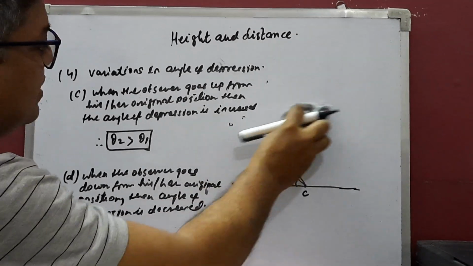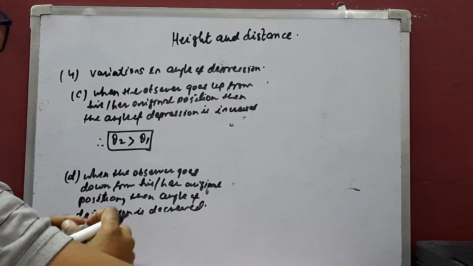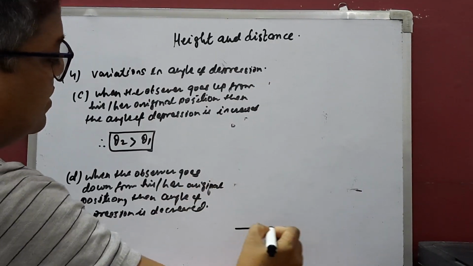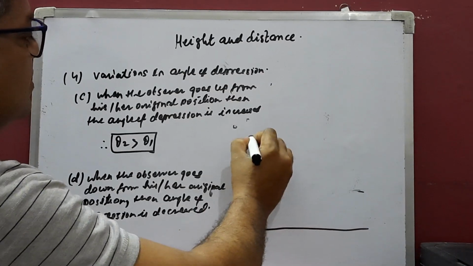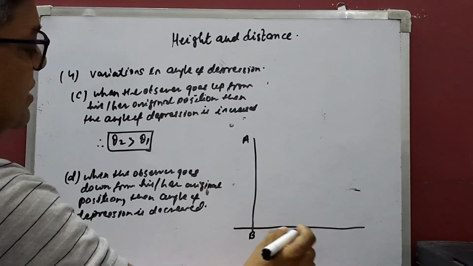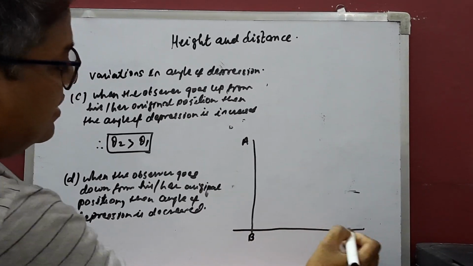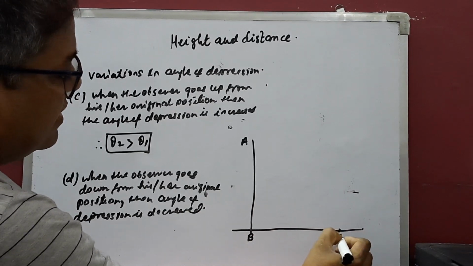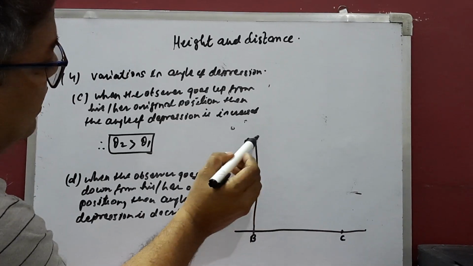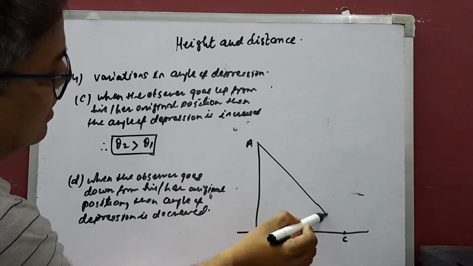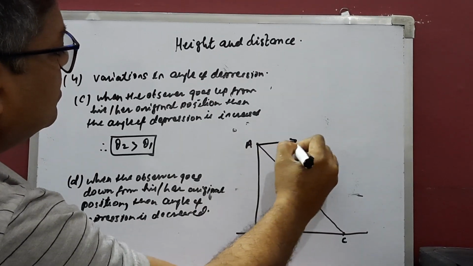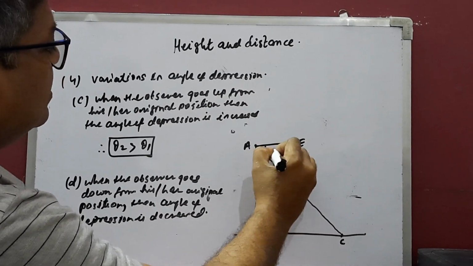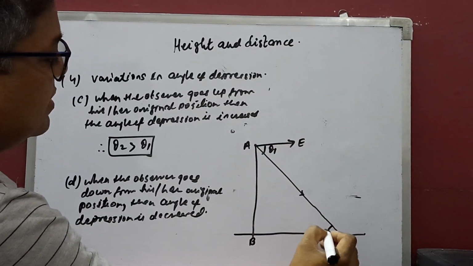Now I am plotting the diagram regarding this information. This is the ground surface and this is the vertical tower standing on it. An object is placed here and from A, the observer watches this object along this line, and this is the horizontal, this is theta 1. So this is theta 1 also.